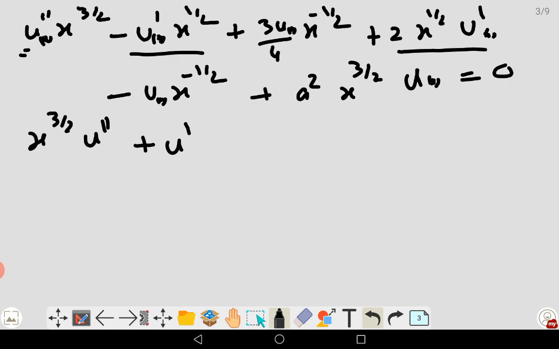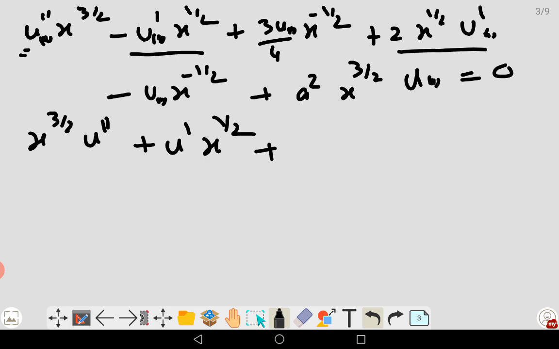Other terms have only u. What do you get? 2 x power half minus 1 times x power half. The answer will be x power half u prime, plus u.